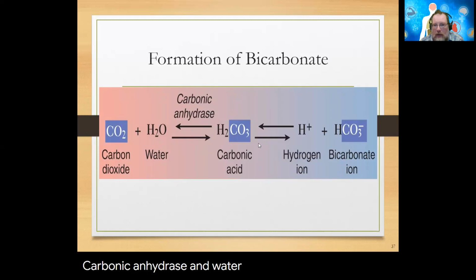We're going to get what's called carbonic acid in between. So before we get to the bicarbonate ion buffers, remember 70% of carbon dioxide is transported in this fashion right here.